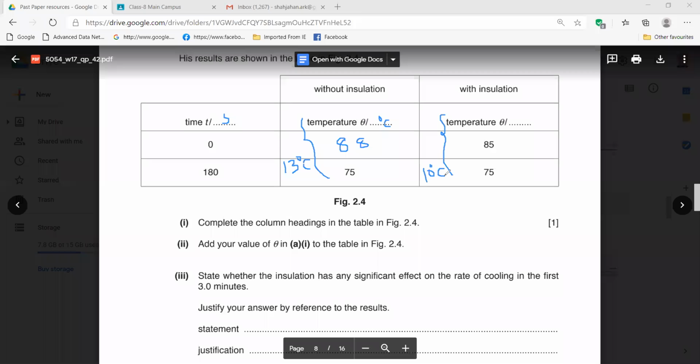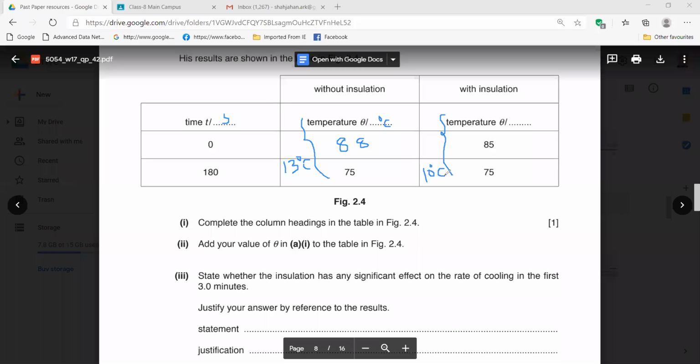Okay, so when it is without insulation, there is more heat loss, right? As there is more temperature difference, we can say there is more heat loss, and that should be right.